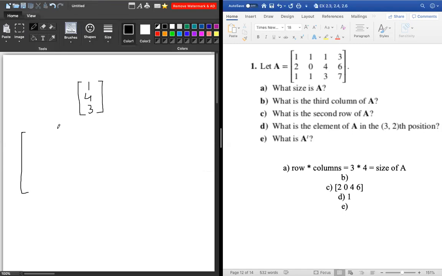So we have this column, we convert this to a row: 1, 2, 1, and then 1, 0, 1, then 1, 4, 3, and then 3, 6, 7, closing the brackets. This is A transpose.